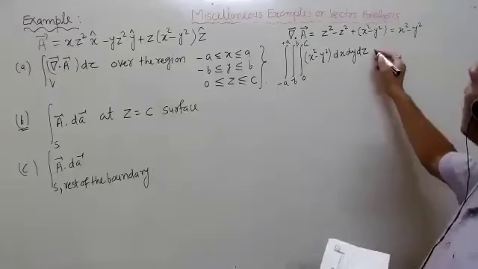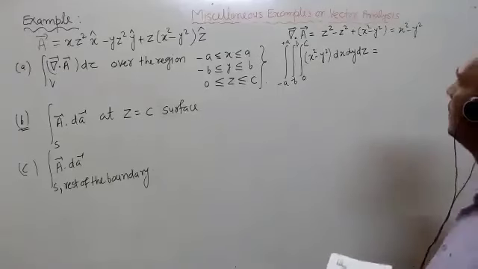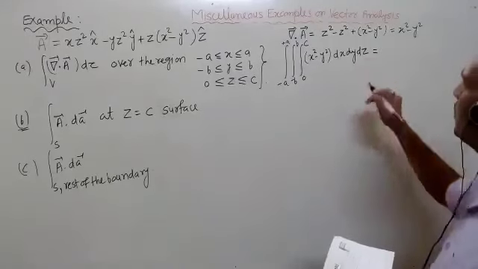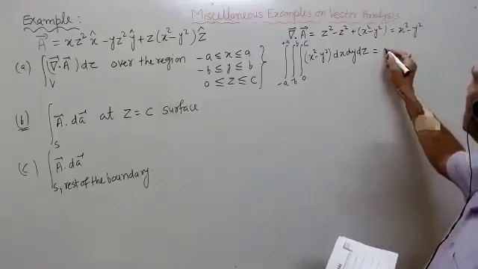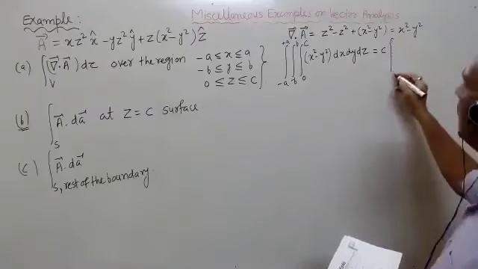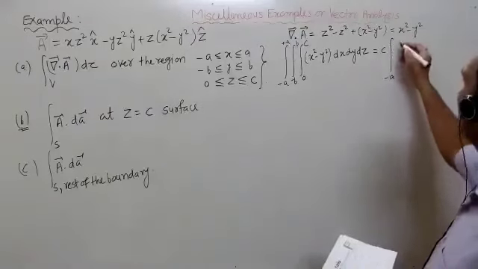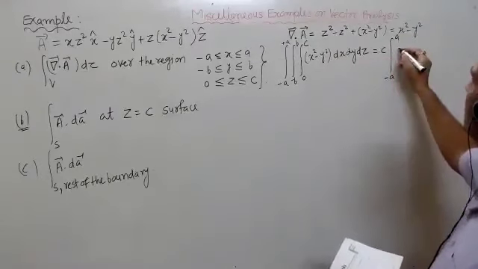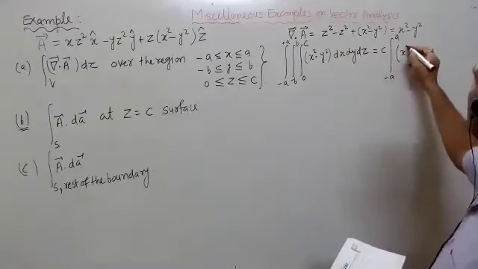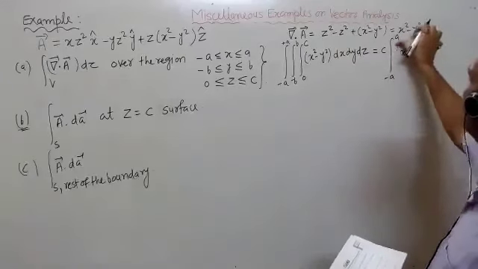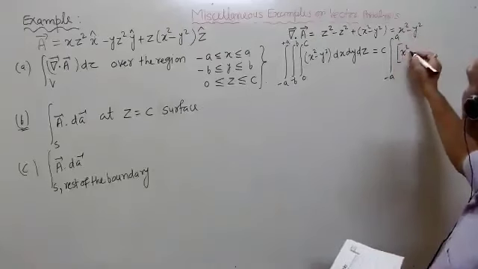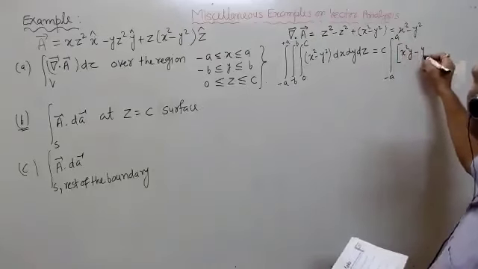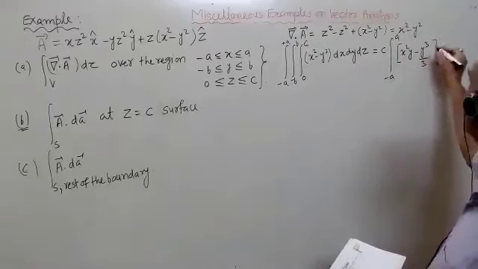So calculate this. z will give you c, then x is minus a to a, and with respect to y you will get x square y minus y cube by 3.